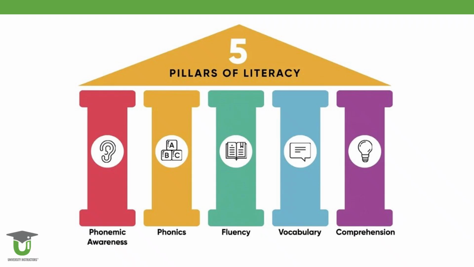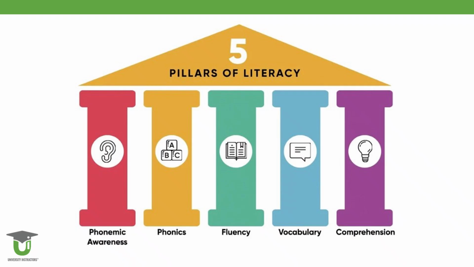The 5 pillars of literacy are first, phonemic awareness. That's the ability to hear and manipulate individual phonemes. Phonics is the understanding of the relationship between phonemes and graphemes. Fluency is the ability to read text accurately, quickly, and with expression.